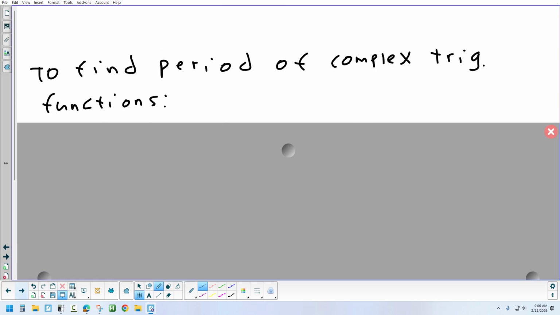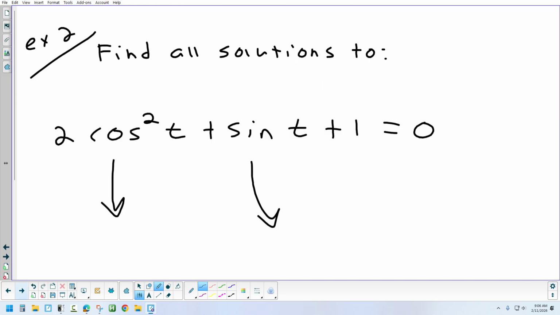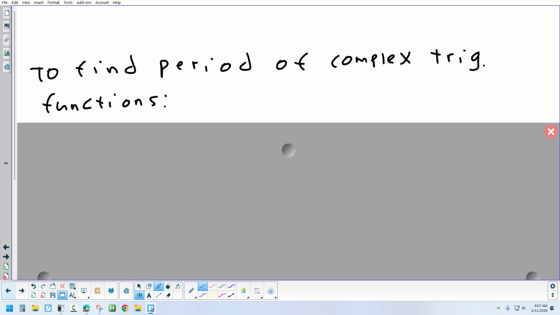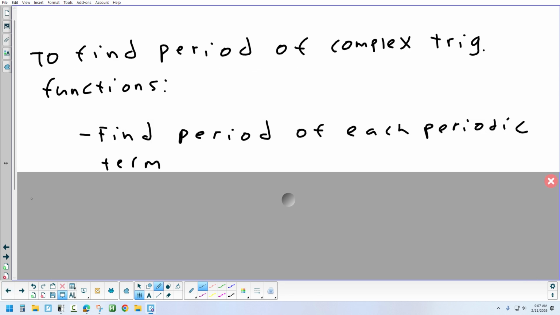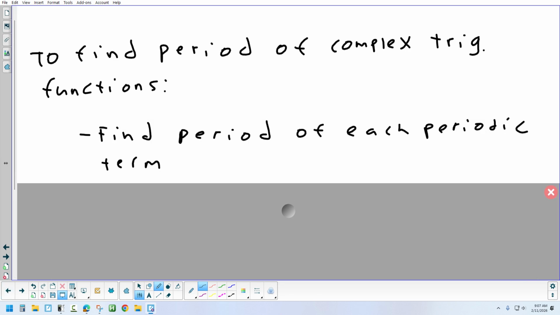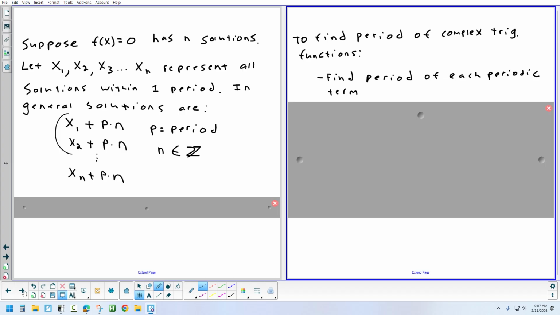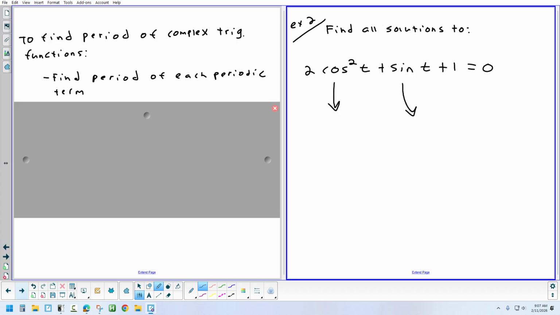All right, so now we've got to look at how do we find the period of something that is more complicated. Something like sines and cosines and tangents all mixed together and raised to different powers. Well, the first thing is you have to find the period of each periodic term. So if we look at the problem that we're about to do, how many terms are on the left side?